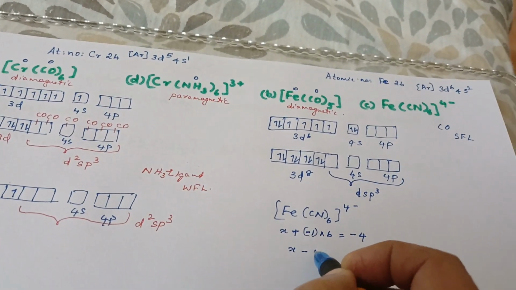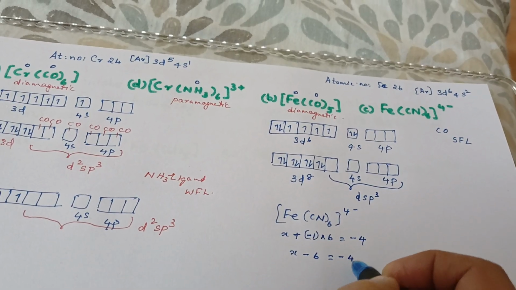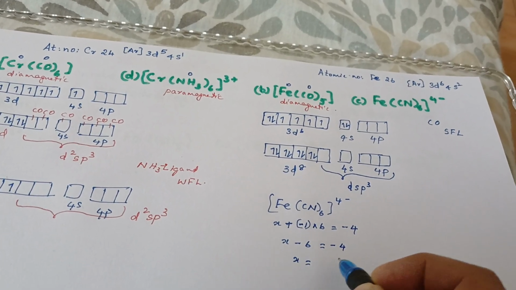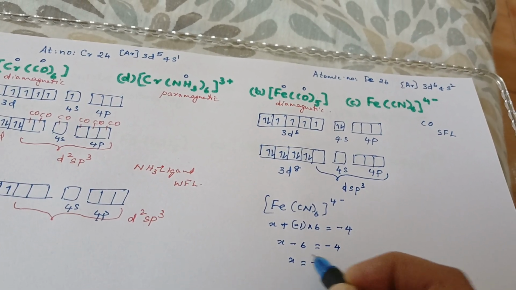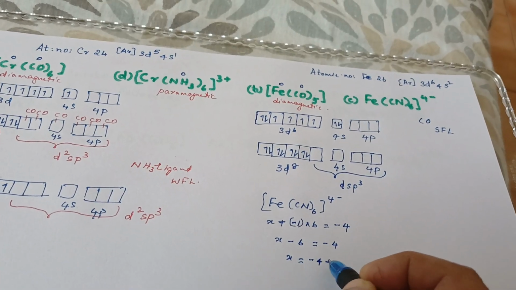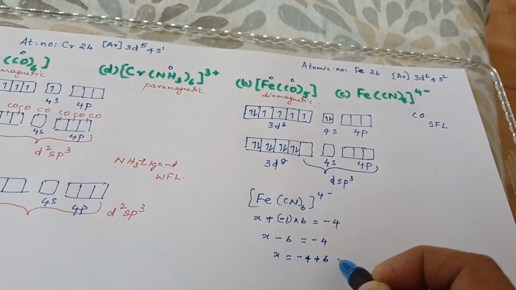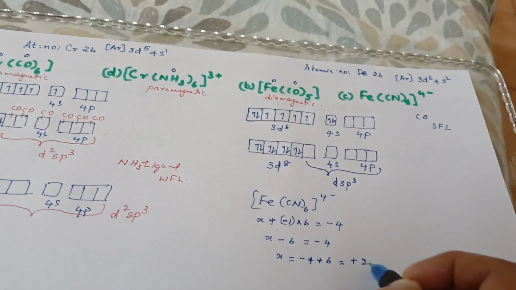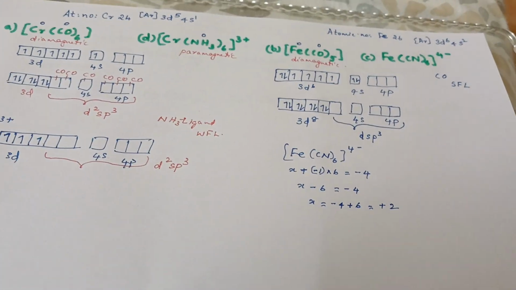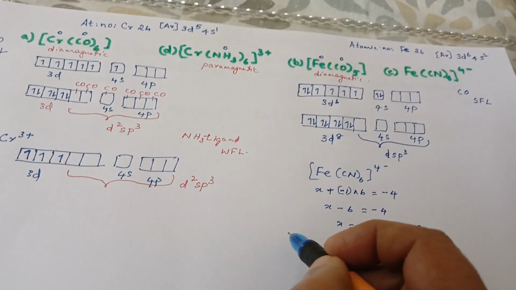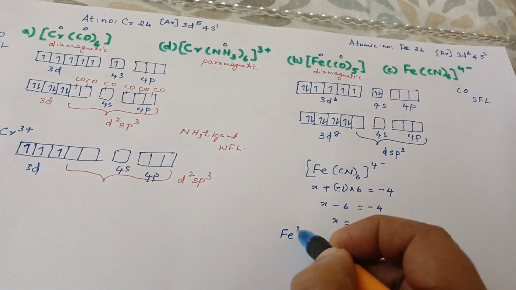So x minus 6 equals -4. x equals -4, and this -6 will become +6 when it comes to this side. That is +2. Fe will be in its +2 oxidation state in this complex.